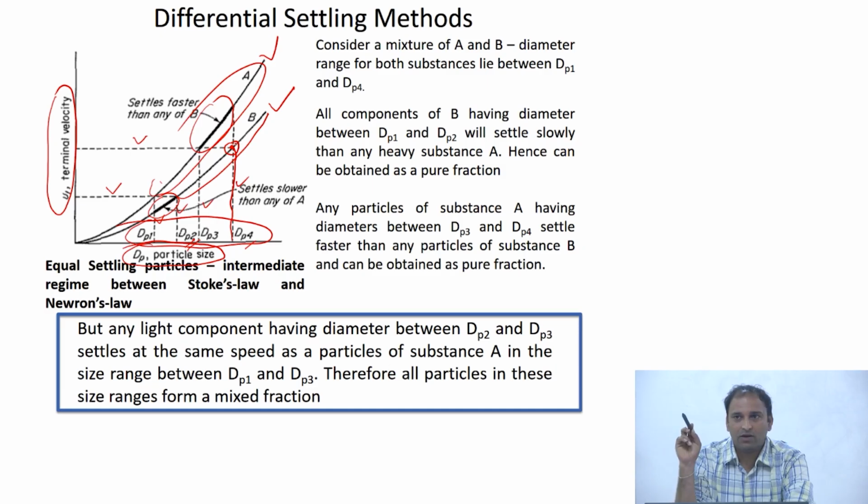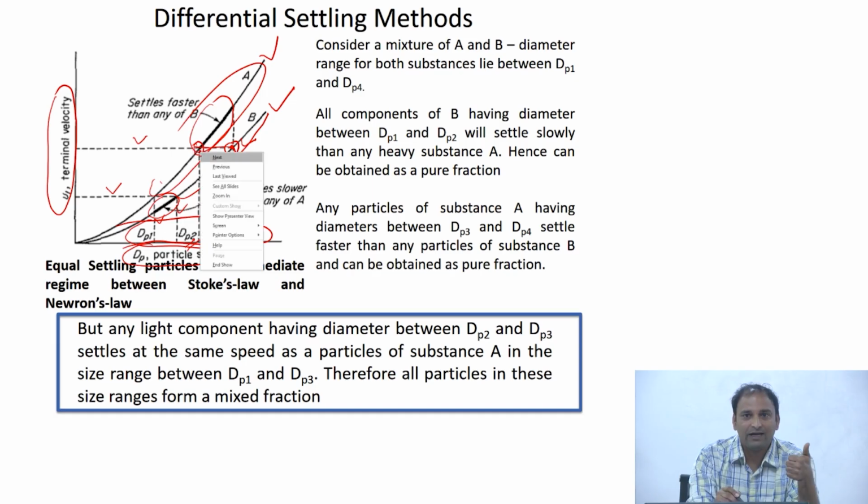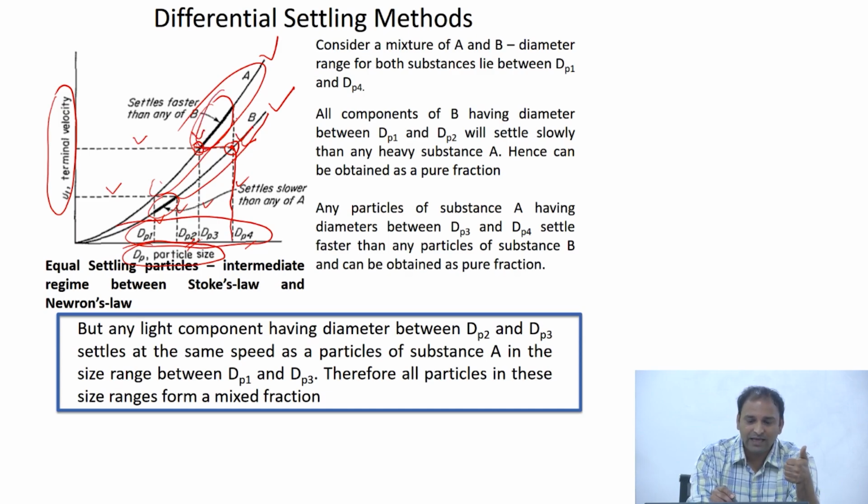If I move horizontally here, dp3 of type A will have the same settling velocity as dp4 of type B. Therefore, the size range from dp3 to dp4 will settle the fastest, right?